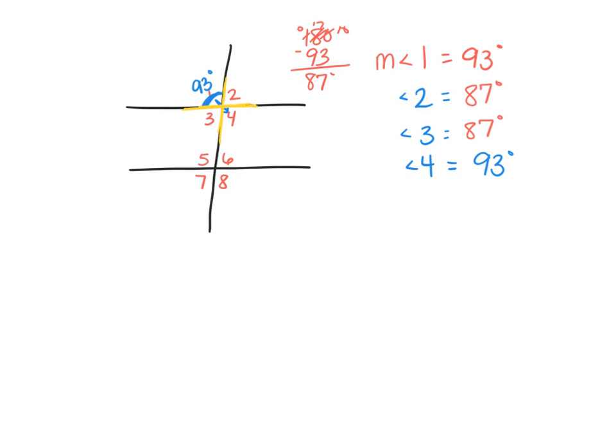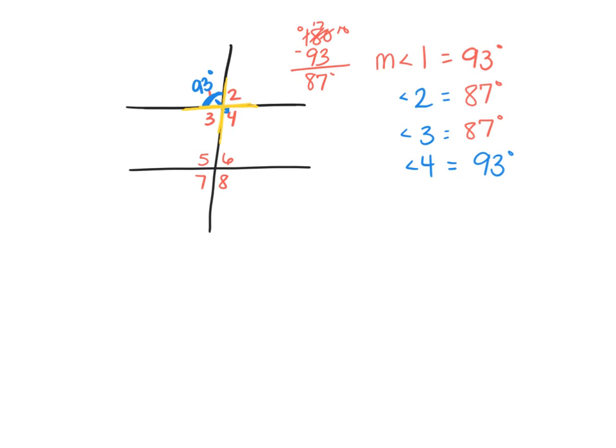Now that leaves me to figure out what angles 5, 6, 7, and 8 are. So what I want you to notice is that it is essentially the exact same picture as angles 1 through 4.